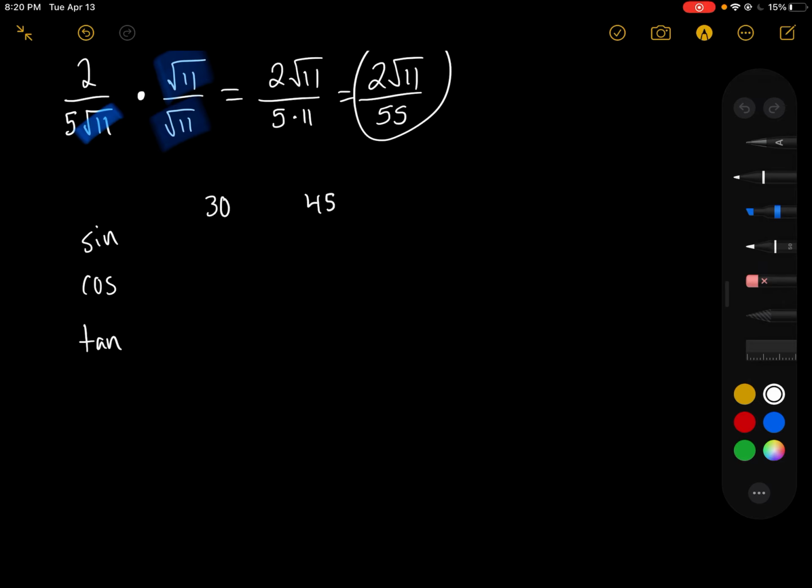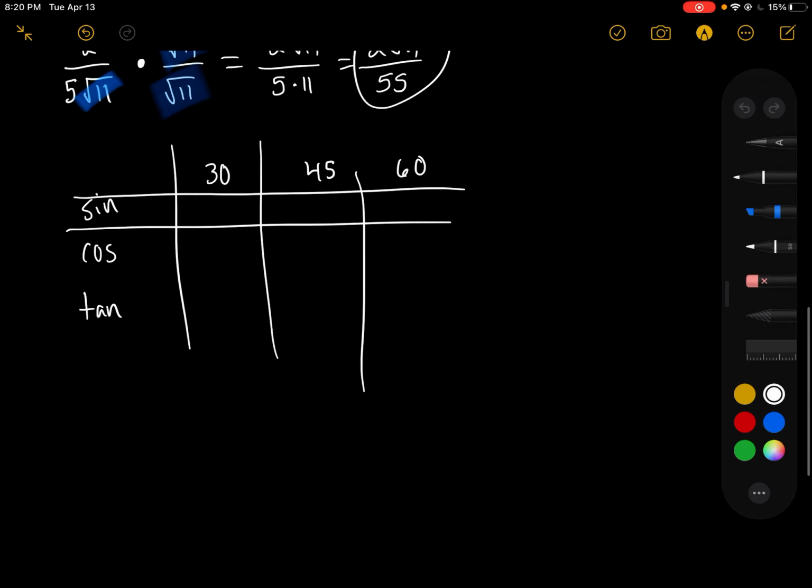So a few things to remember from the other day with our special right triangles. And I'll write out just sine, cosine, and tangent. If you're missing the other ones, it's on you to go back in your notes, because we've had 2 days of these now.